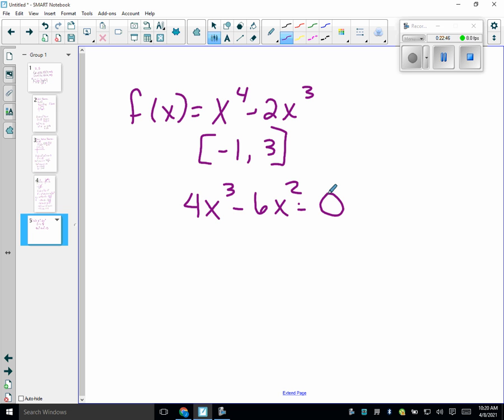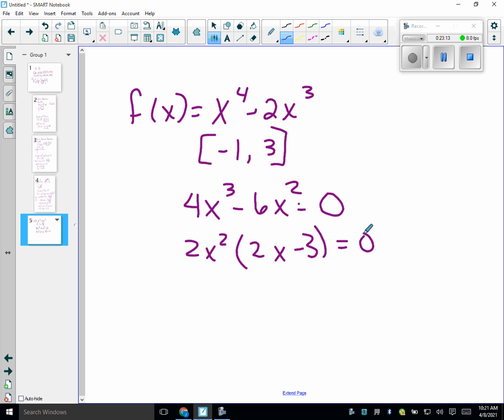I'm going to factor out a 2x squared. Gives me 2x minus 3. Where are my zeros? So 0 and 3 halves.